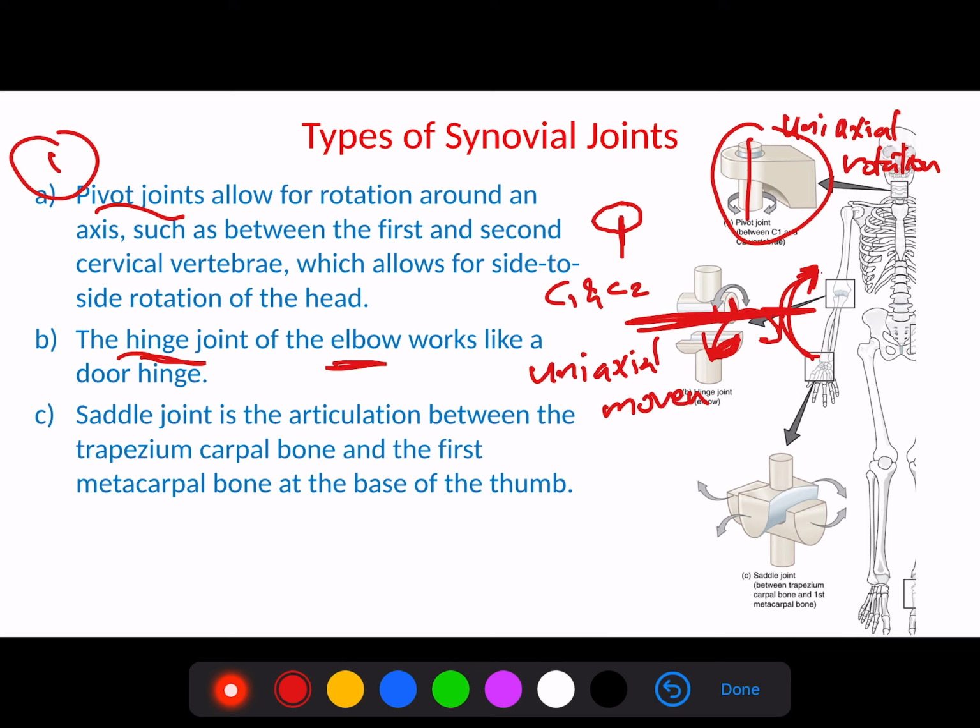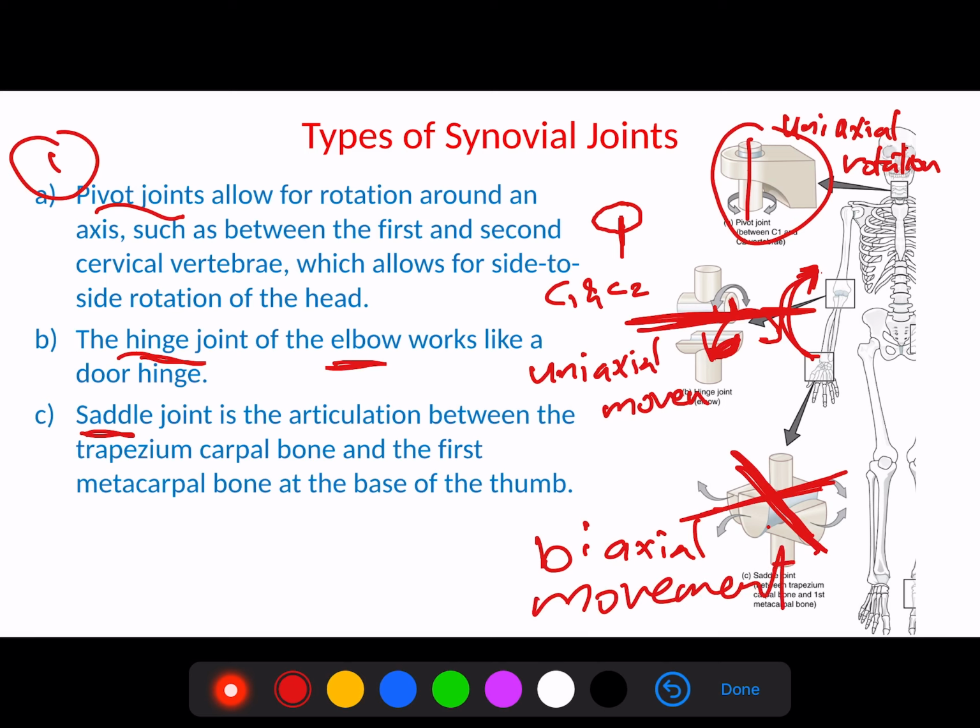The third type is something called saddle joint. Here we have two articulation surfaces. There is a movement that is happening around this axis, and also there is a movement happening around this axis. So this is biaxial movement. Like the one, for example, between the carpal bone and the first metacarpal.